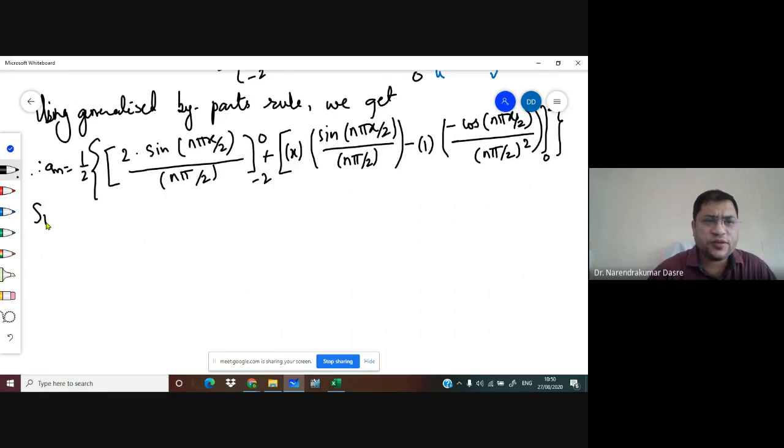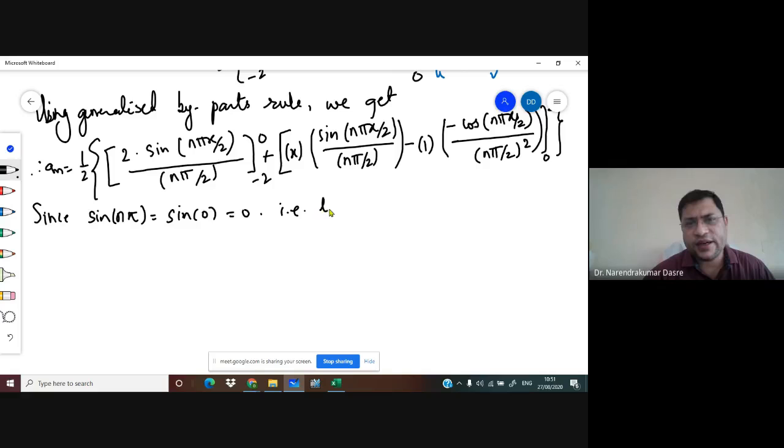So what we know is, if I put 0, I'll be getting sine of 0. If I put minus 2, then I'll be getting sine of minus n pi. So sine of minus theta is minus sine of theta, so sine of n pi, and hence sine of n pi is equal to sine of 0 is equal to 0.